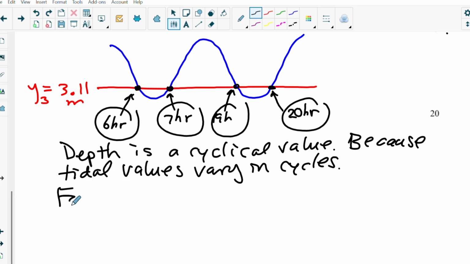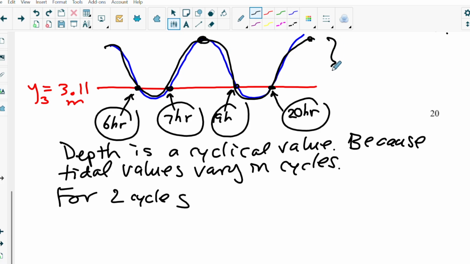So for 2 cycles, what's shown here is 1 cycle, 2 cycles. So all of this is 2 cycles. Okay, so 2 cycles.